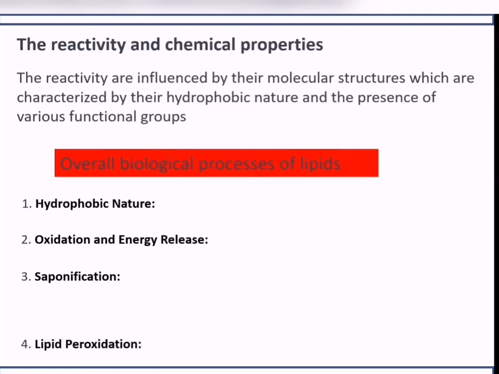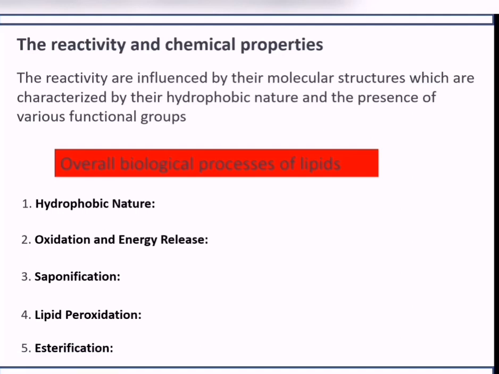The fourth one is lipid peroxidation. Unsaturated fatty acids in lipids can undergo lipid peroxidation, which is a process initiated by reactive oxygen species. This reaction can damage cell membranes and lead to oxidative stress, contributing to various diseases and aging processes.